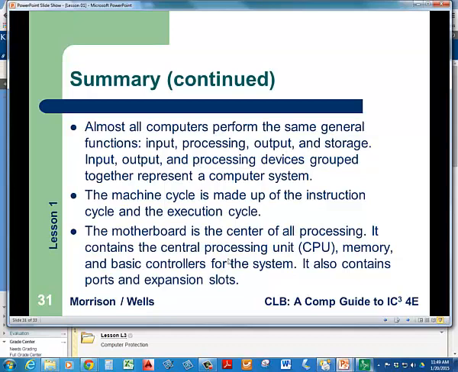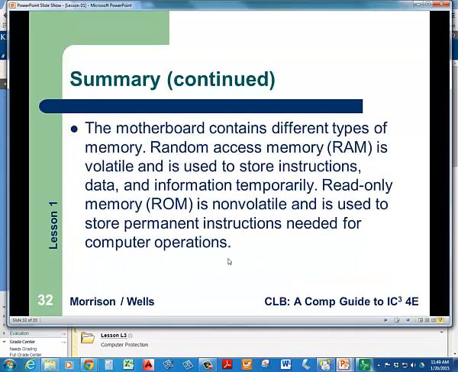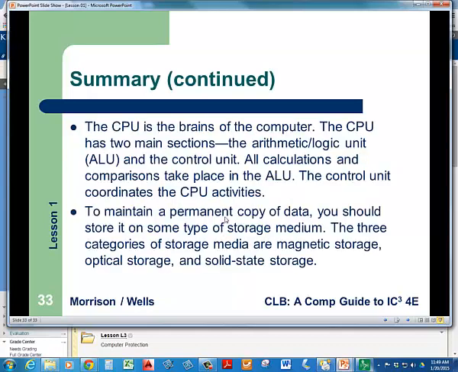Remember, the motherboard, center of all the processing, has the basic controllers on it. The types of memory, we have RAM, that's temporary, volatile, and then read-only, that's non-volatile, it's permanent. Instructions for the computer's operations. The CPU is the brains of the computer.